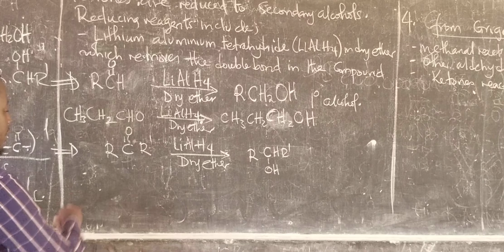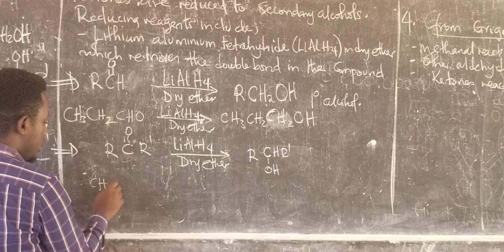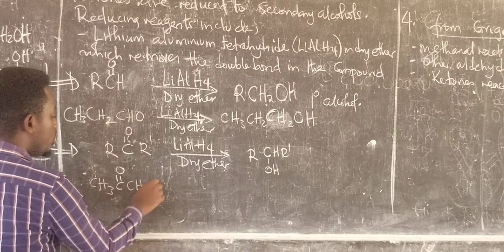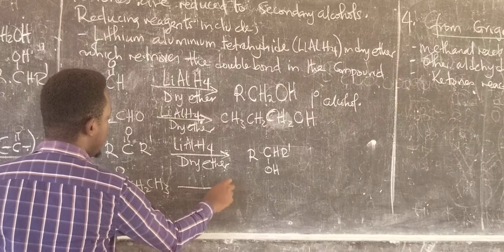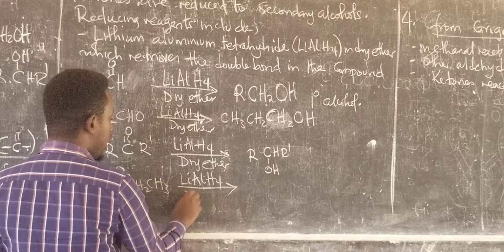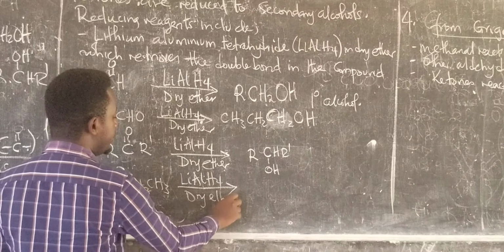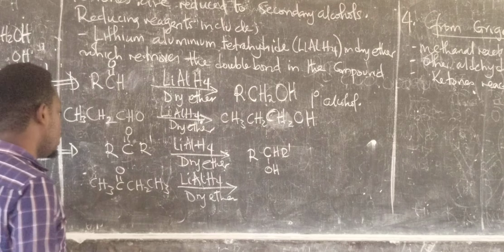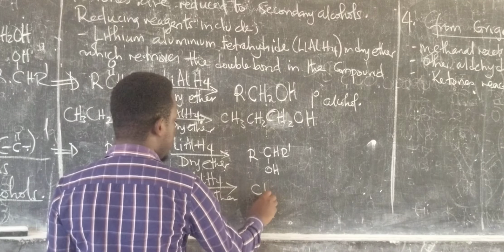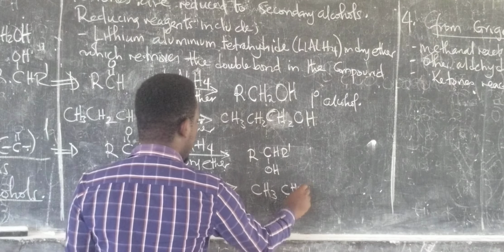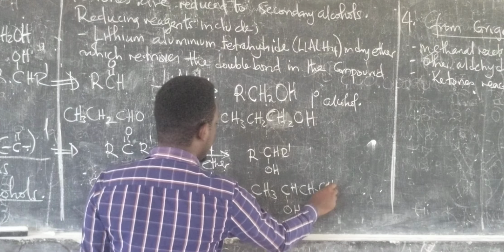A clear example, if R is CH3, that will go on the C=O, then R prime is CH2CH3. Then we are adding lithium aluminium tetrahydride in presence of dry ether. So what will we form? This carbon oxygen double bond is going to change to a carbon oxygen single bond, leading to the formation of CH3CHOHCH2CH3.